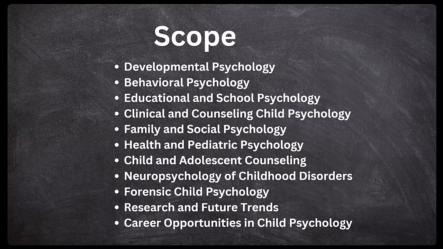ठीक है? So let's understand each and every key area of scope for child psychology one by one. ठीक है? Okay. So basically, see, child psychology is a vast field with multiple branches that focus on understanding, diagnosing, and helping children develop emotionally, socially, cognitively, and behaviorally.